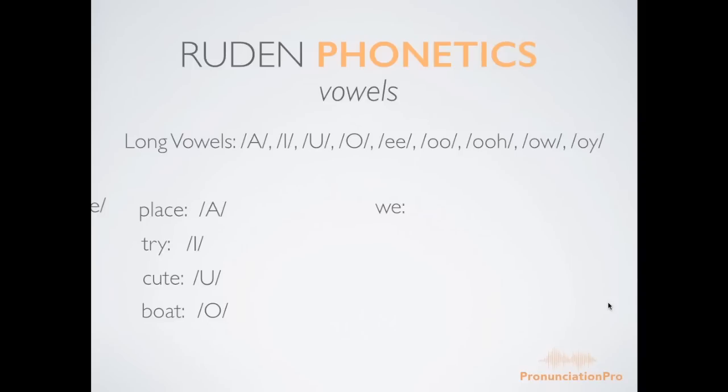The way it's spelled, it should be we, but it's usually pronounced we. Okay, so we have that long E. About blue. Which vowel is that? That long ooh sound.